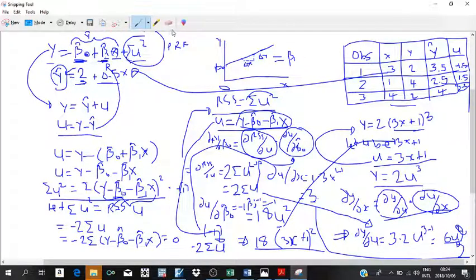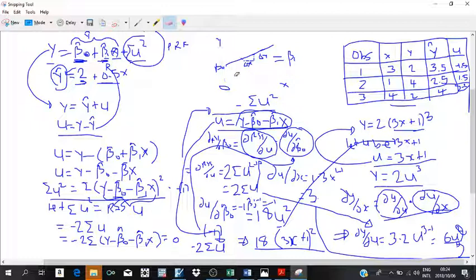Okay, let me try to get space from the top. Now, from what we have so far, we need to make beta hat naught the subject of the formula.